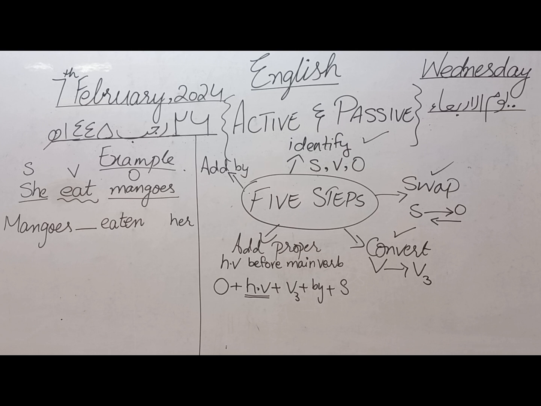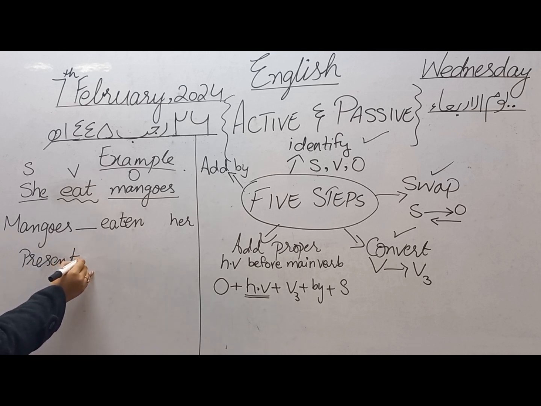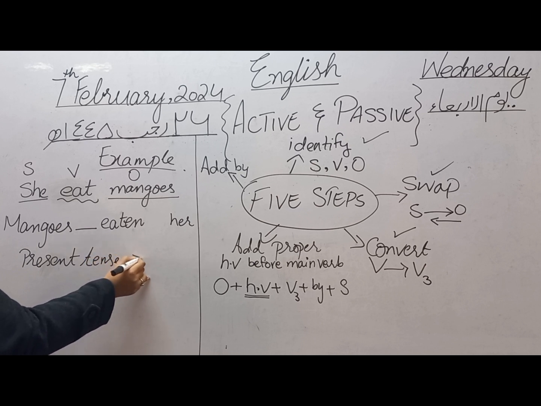So what are the helping verbs of present tense? You are saying that eat is a present form of verb. So in present tense, tell me what are the helping verbs we are using?